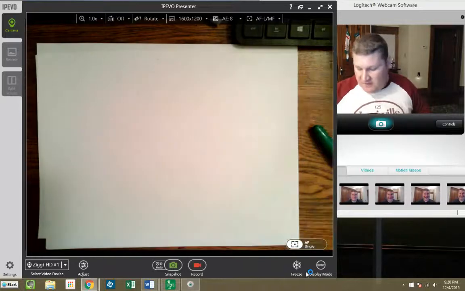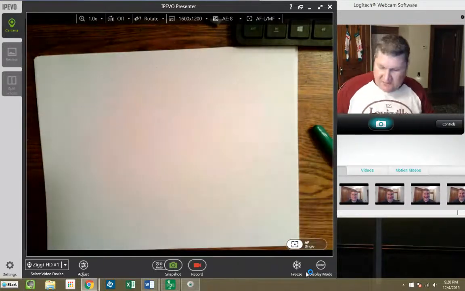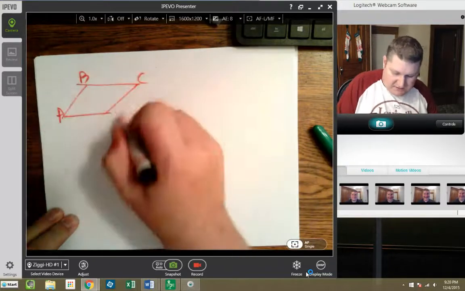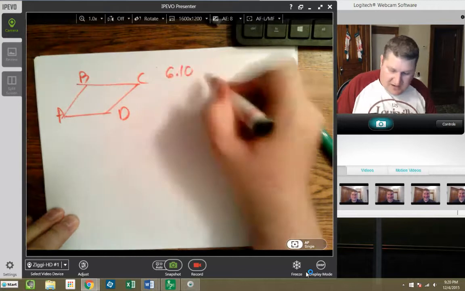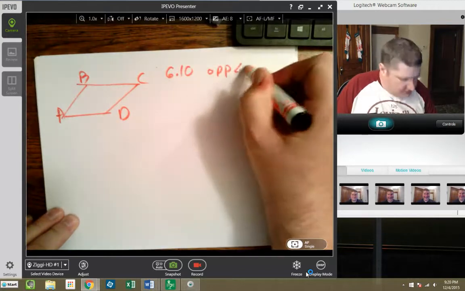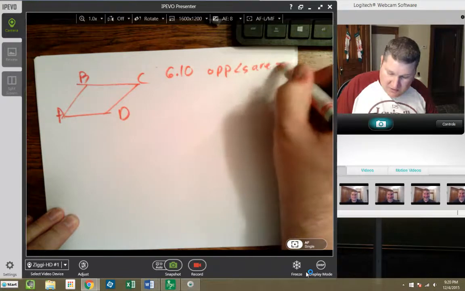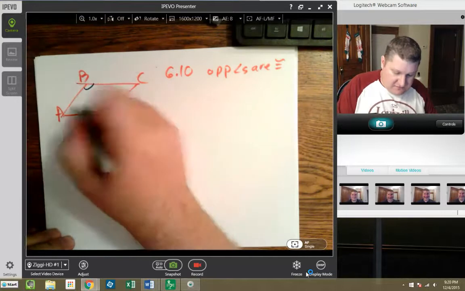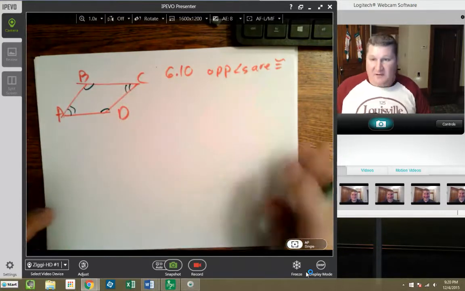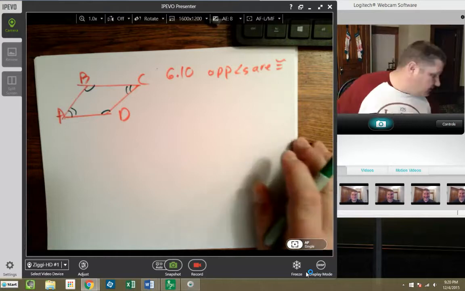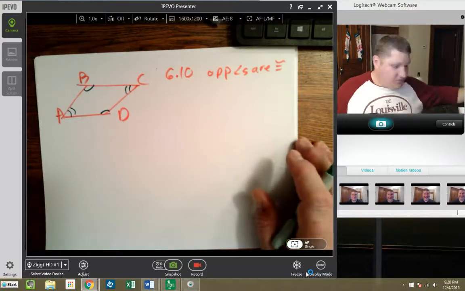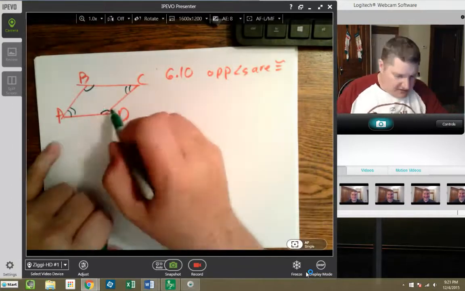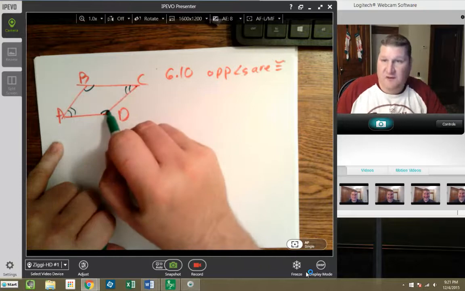Okay, if on the other hand, I have the following. I have the parallelogram ABCD, this is theorem 6.10. And I know opposite angles are congruent. If opposite angles are congruent, that means this is congruent to this, and this is congruent to this. Well, wait a minute. I can basically work this theorem right over here backwards and say, if these two are congruent, that means these two are supplementary.